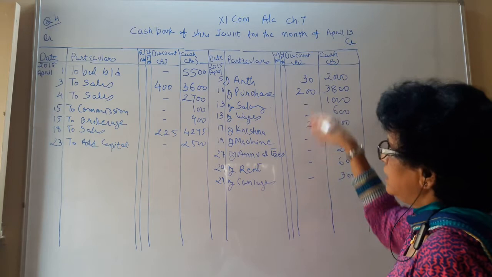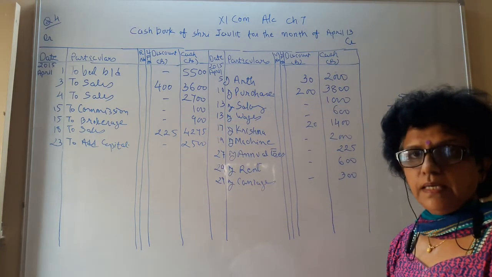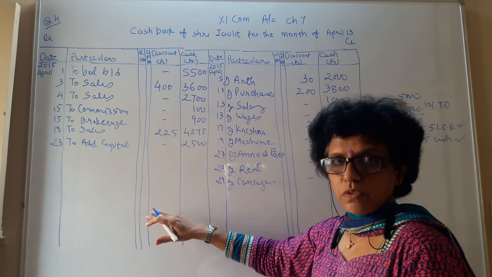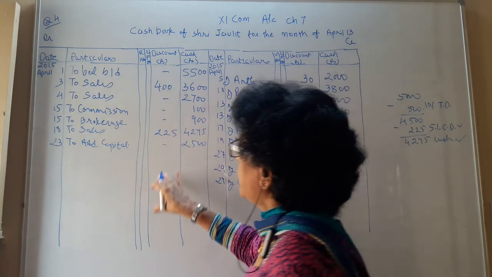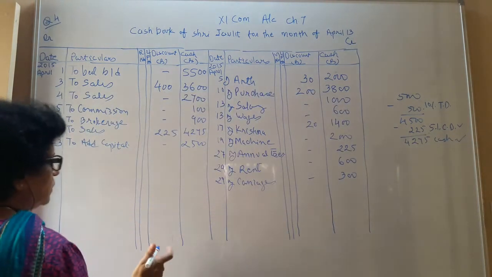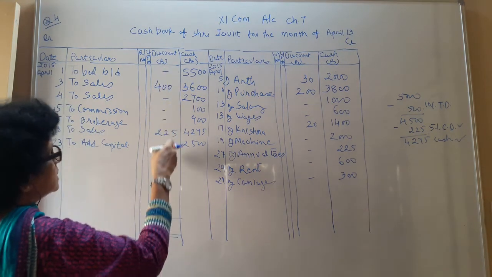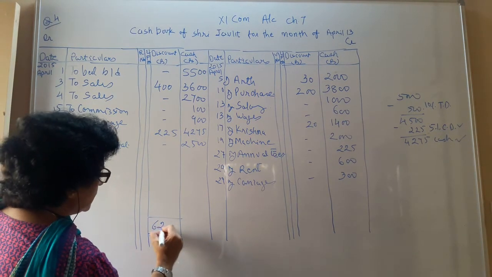So in this manner we have done the posting of each and every transaction. After posting, as we have to close the account, in the discount column we will record the actual amount of discount in the respective column. The debit side discount is 625.